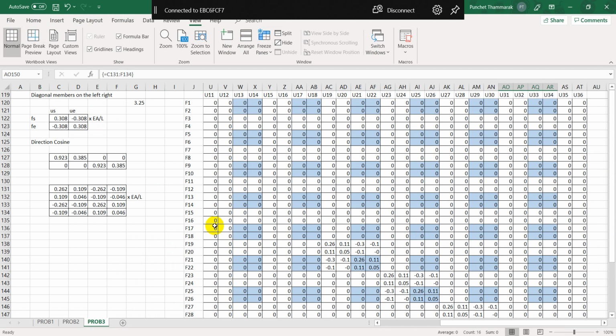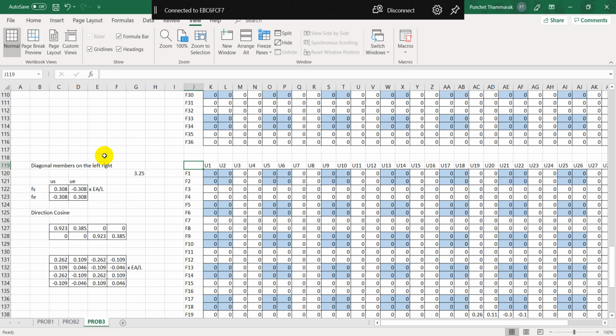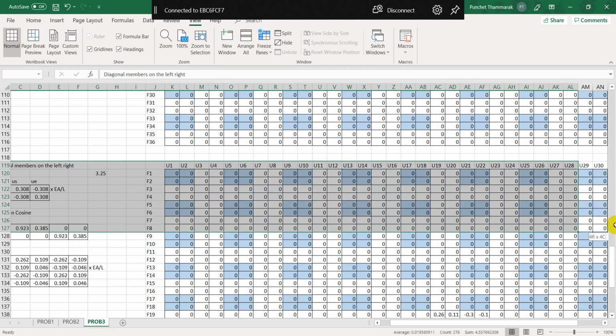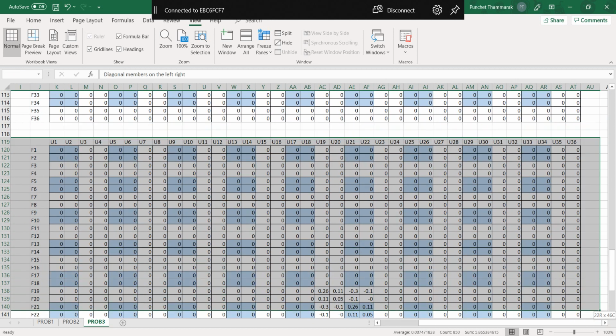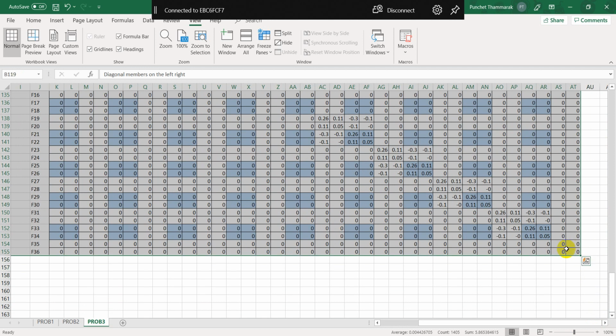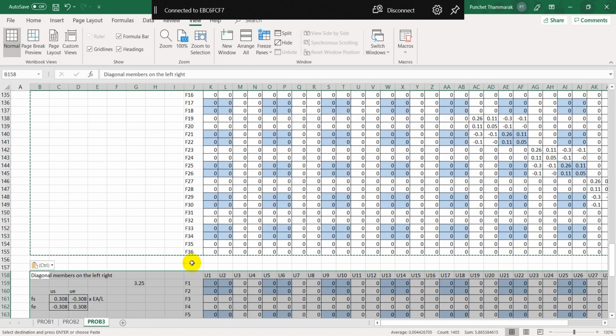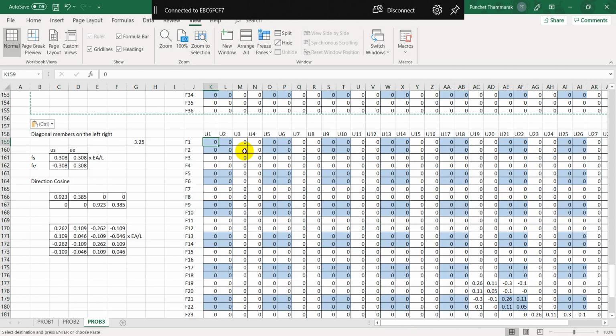Next one. Unfreeze, but there's nothing left. Here it is.